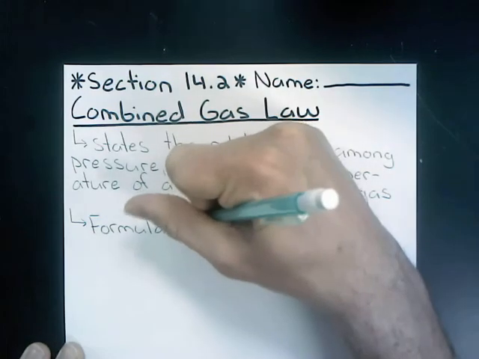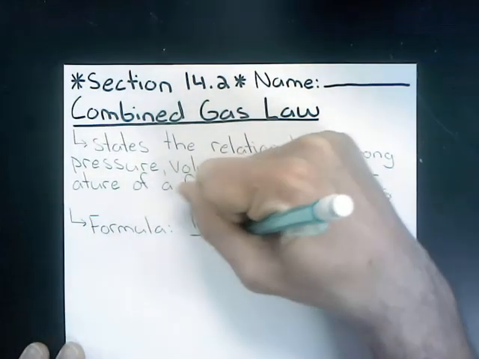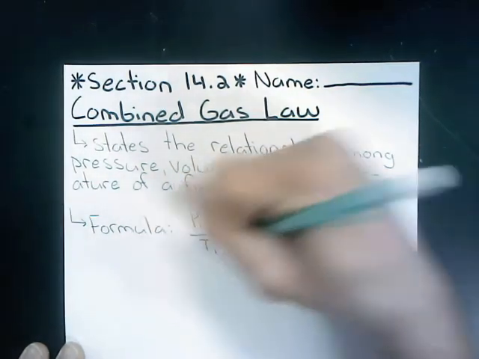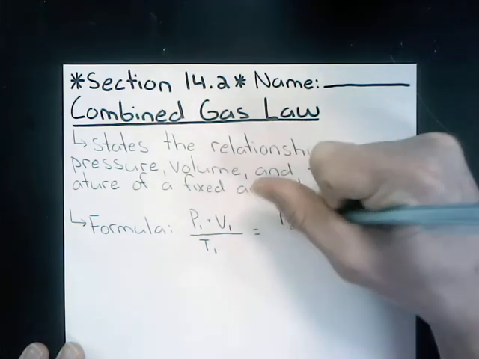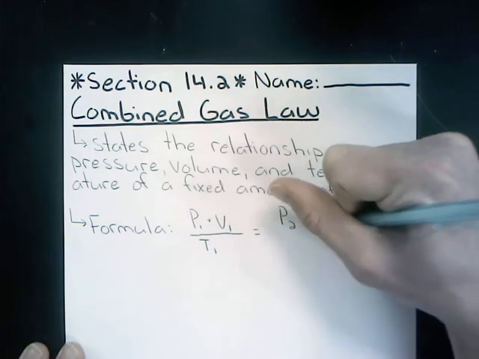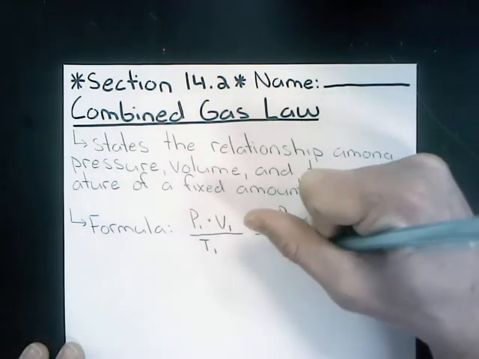So we have P1 times V1 all divided by T1 equals P2 times V2 all divided by T2.